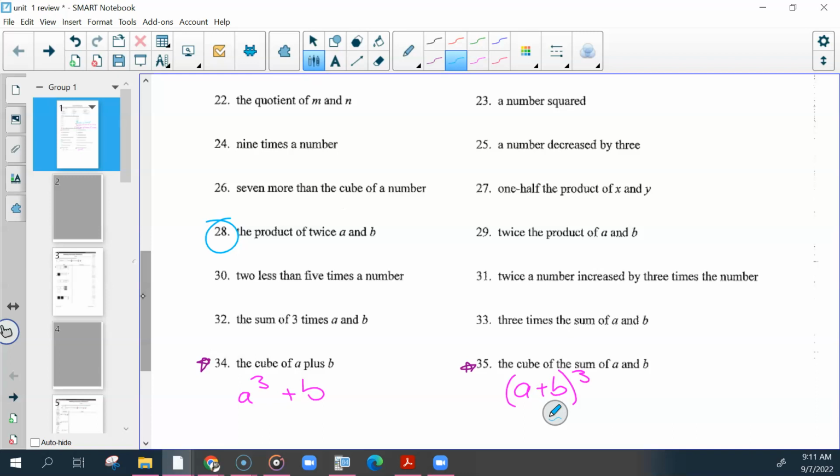Hila? Multiply. So we are multiplying these two things together, but we are also multiplying these two things together. So twice A times B, or twice A, B. You could put it in parentheses. None of that matters because everything is being multiplied to each other.